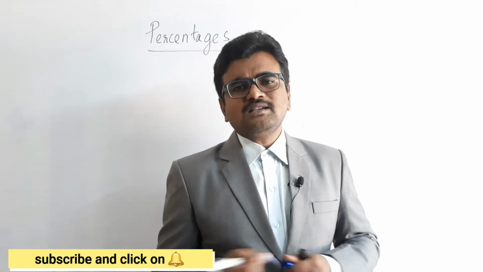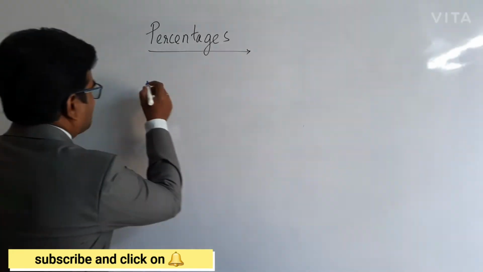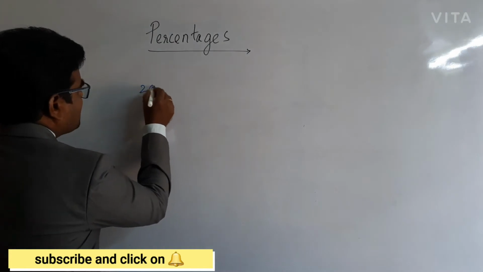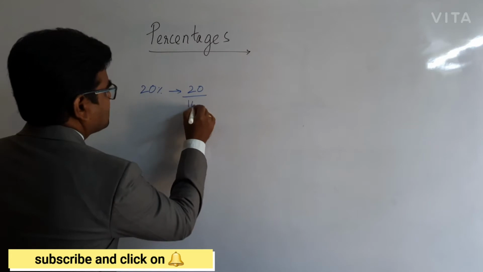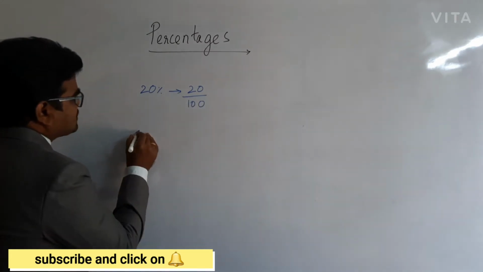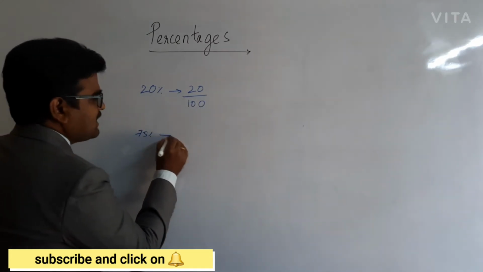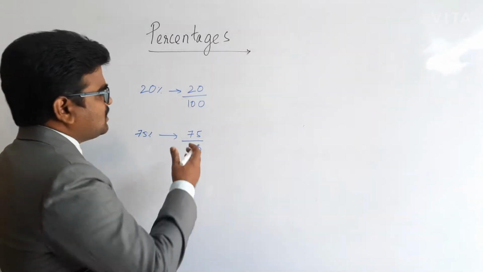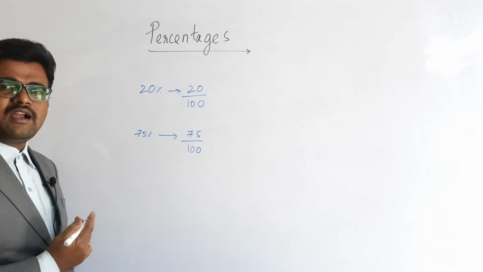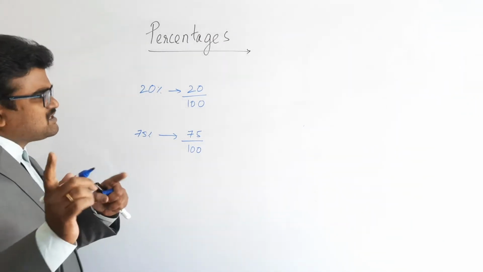I will consider a small example. 20% means you can write this as 20 by 100, and 75% means you can write this as 75 by 100. What do we mean by 20 by 100 and 75 by 100? It's very simple, friends.